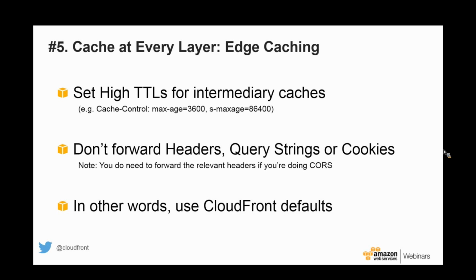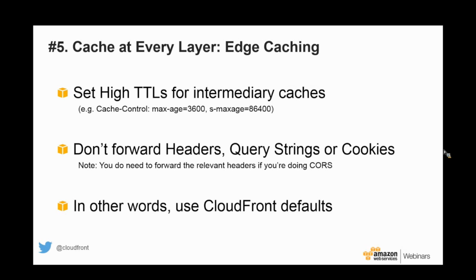When different clients are making a request at the edge node, the fewer variations that exist of that particular object, whereby any header or cookie or query string will create a new variation of that object, the fewer times the edge node has to go back to the origin, and instead the edge node can simply respond back with the object that's already in cache. So this helps improve performance and also lowers the load on your origin.